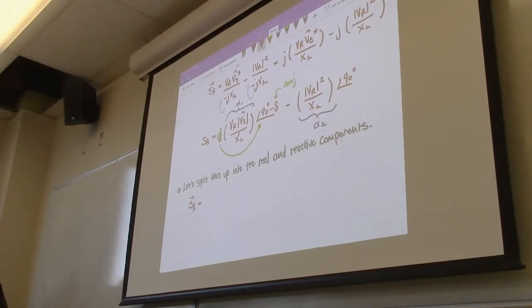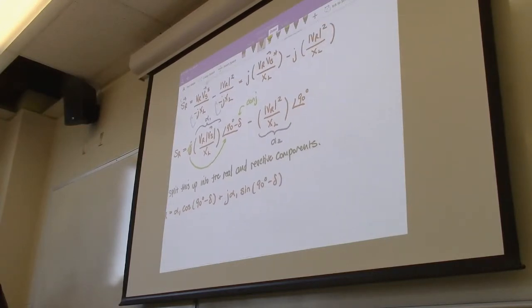So what we're left with is alpha 1 cosine of 90 degrees minus delta plus j alpha 1 sine of 90 degrees minus delta minus, so the cosine of 90 degrees is going to be 0, but then we'll be left with j alpha 2 times sine of 90, which will be a 1.